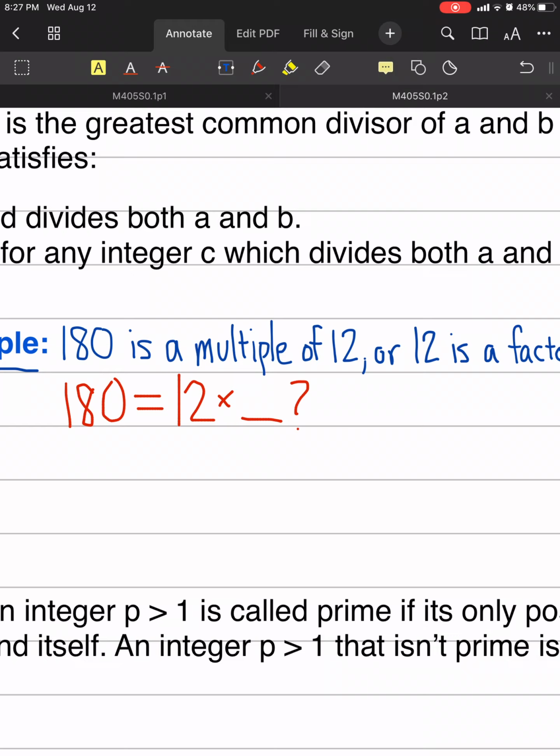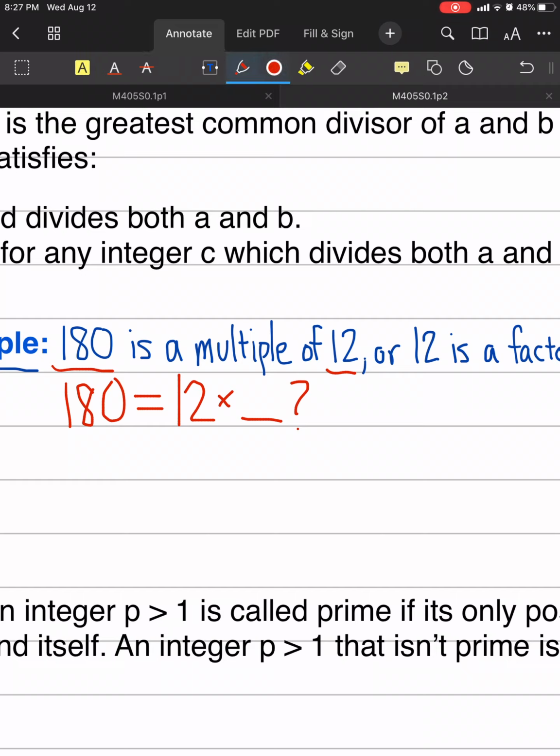But this is what we mean by something being a multiple. We mean that that first number here, the 180, if it's a multiple of 12, it's equal to 12 times some other number. So go ahead and pause this for a second, figure out what that number is, make sure I'm not messing with you here, and then unpause it, and you can come back and see what that is.